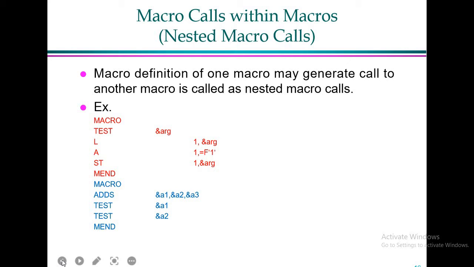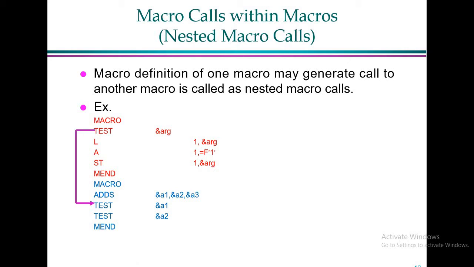So we have given one example, where the macro definition of one macro may generate a call to another macro, which is called a nested macro. Now see, here the macro keyword is there and the name of the macro is test, and here is the end of this test macro, and here another example is given, the name of the macro is adds, and here is the end of this adds macro. So this is nothing but the macros example.